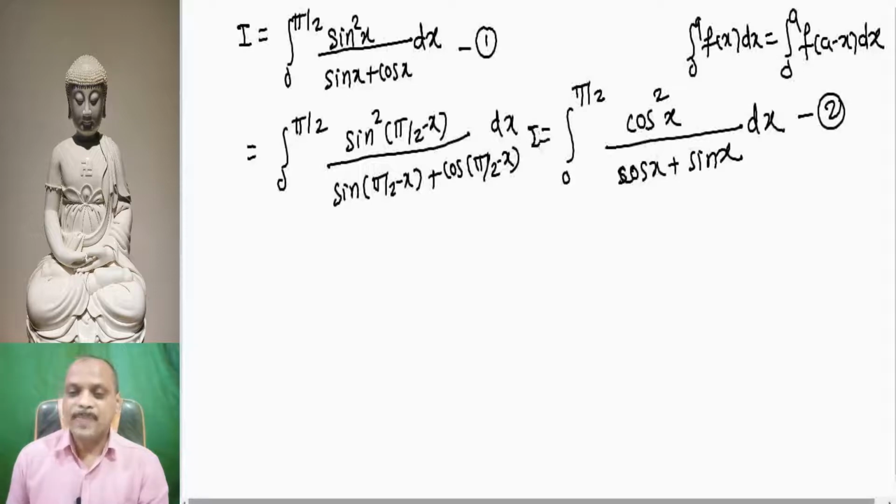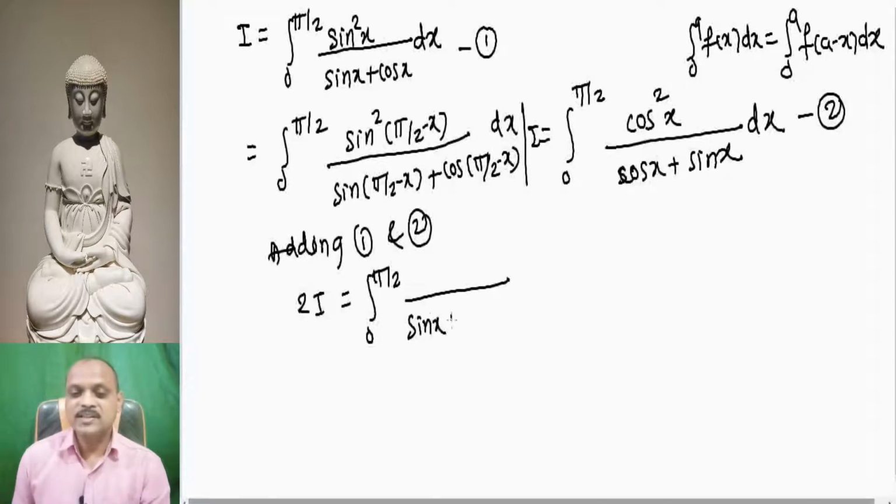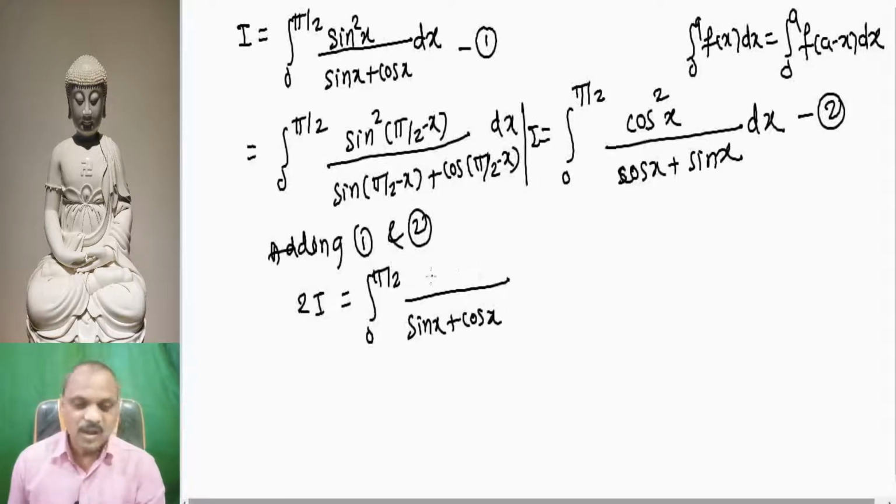Suppose I equal to, then again addition of 1 and 2, we have 2I equal to integration 0 to pi by 2, denominator is same, you can see that this is sine x plus cos x, sine x plus cos x into here sine square x plus cos square x into dx.